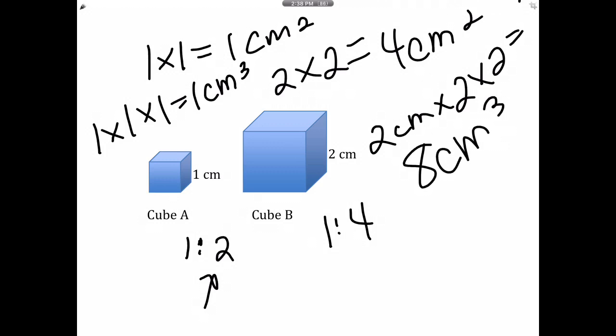So that means it changes with volume. It just keeps going up exponentially from one side to area to volume, because now the scale factor for volume would be 1 to 8. So 1 to 8 for volume.